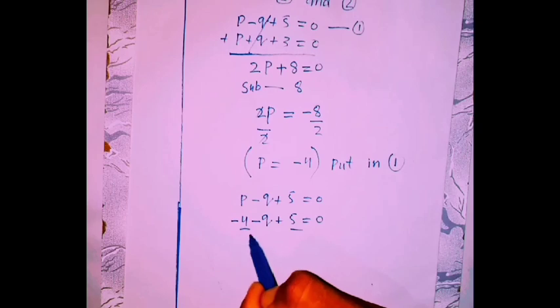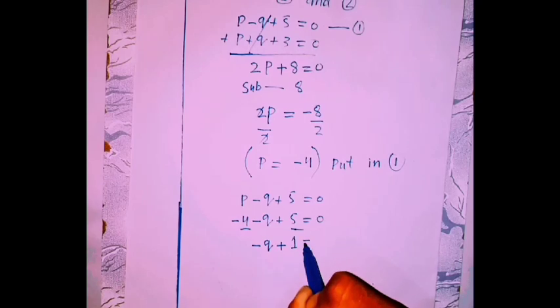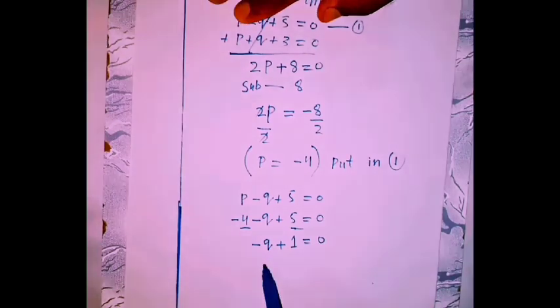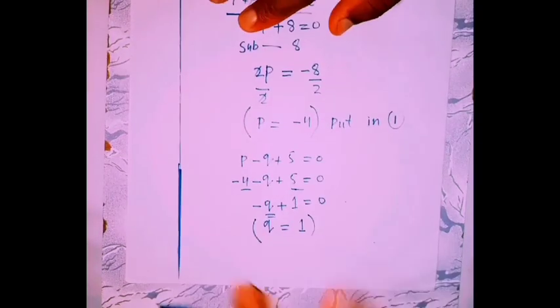Now minus 4 plus 5 is plus 1. So minus q plus 1 is equal to 0. Now adding q on both sides, or if we shift q to the right side, we get the value of q is equal to 1.